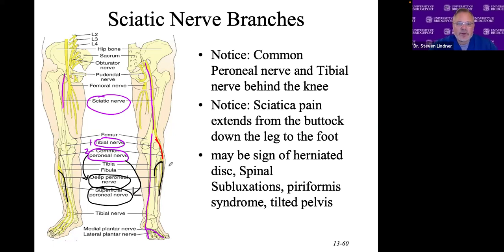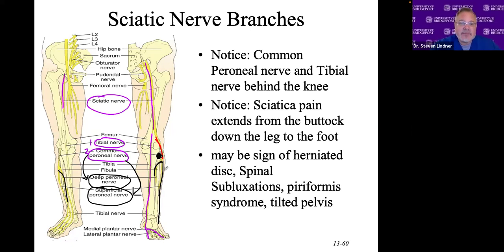The superficial peroneal stays superficial. This is the one, if you ever sit with your legs crossed and your toes go numb, it's because that superficial peroneal is being compressed right at that head of the fibula when your legs are crossed in like a figure 4.